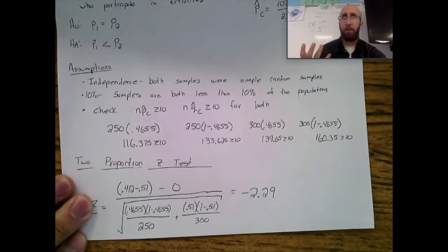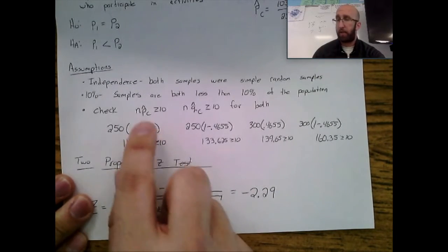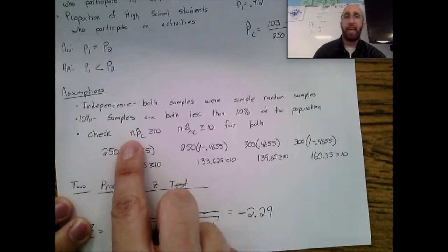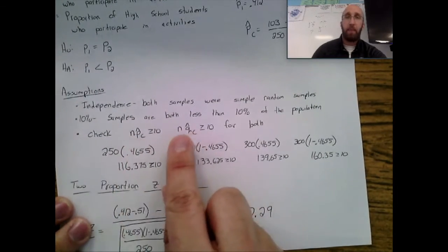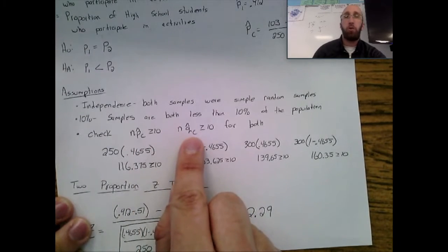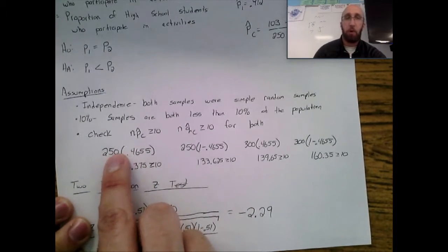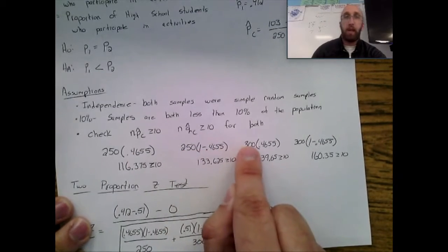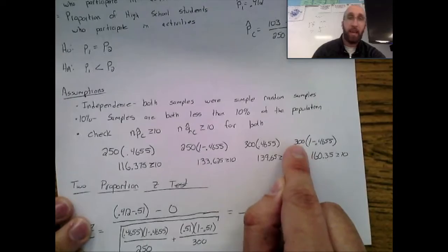It typically revolves around np greater than or equal to 10 and nq greater than or equal to 10. But what we use in a two-proportion z-test is n p hat c and n q hat c for both. So I did n1 p hat c, n1 q hat c, n2 p hat c, n2 q hat c.